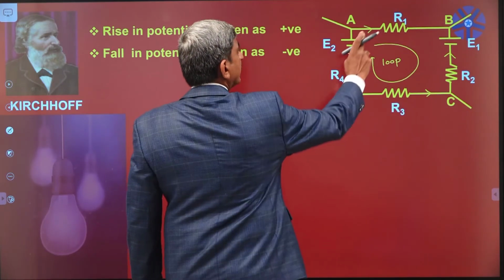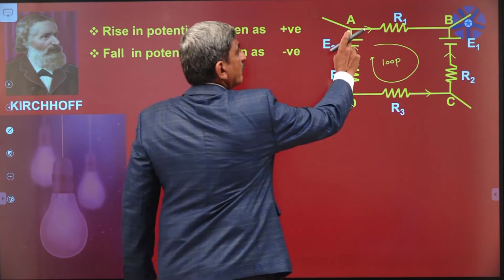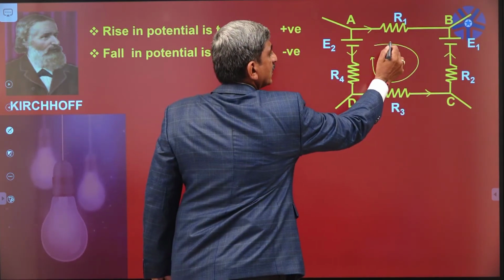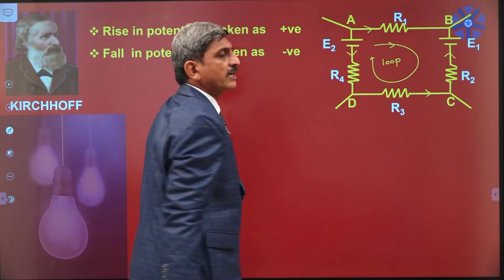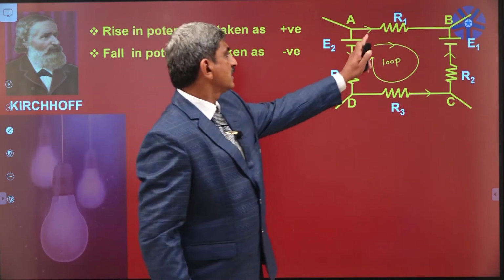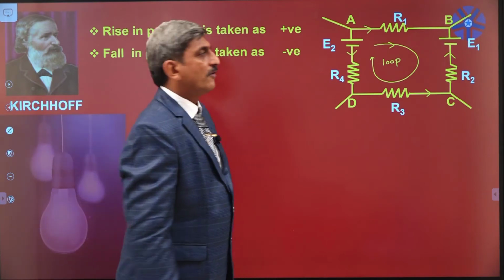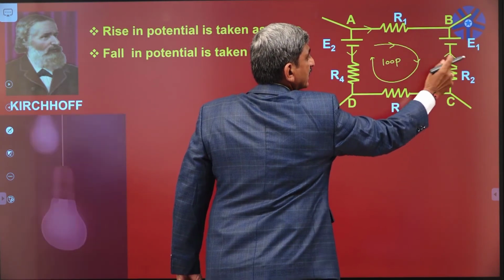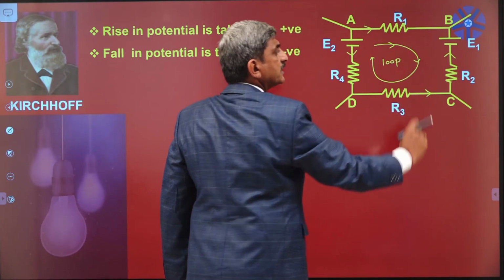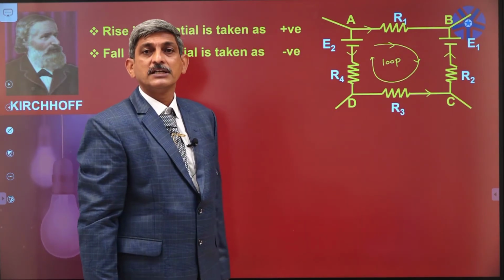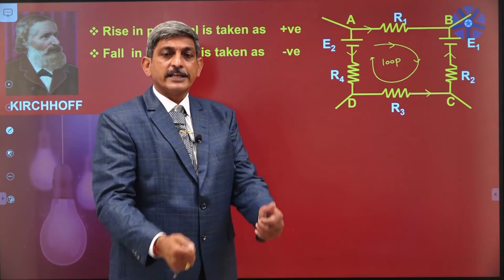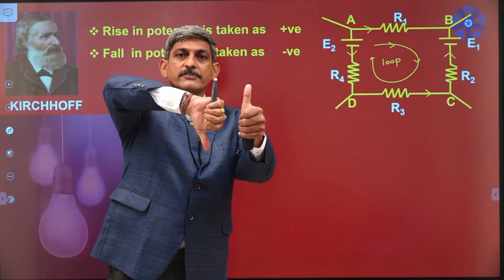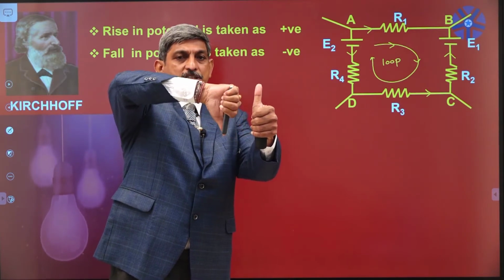See, if you observe the network, when we are moving from A to B, this is the direction of the loop, this is the direction of the current, both are in the same direction. Whereas when we are moving from B to C, the direction of the current and the direction of the loop are in opposite directions.